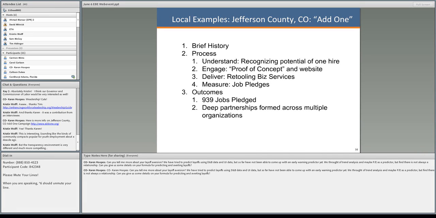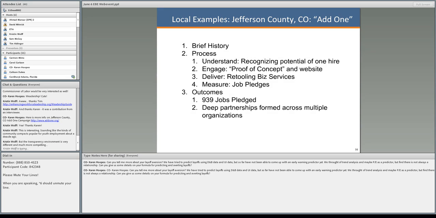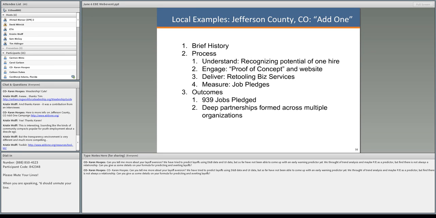And what you'll see also on the website is they have put together a toolkit. This toolkit really helps a business understand, okay, what would it actually take, bottom line, dollars and cents, for me to hire a new person. They have several forms that can help a business determine that when they think about taxes and workers' comp and all those kinds of business costs that need to be considered.